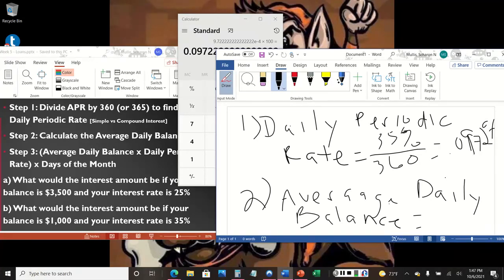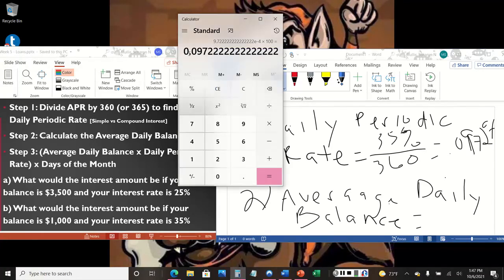So 0.0972%. And we know our daily balance we're going to use for this is $1,000. So we're going to multiply that times $1,000. And then instead of using 30 for September, we're going to use 31 because we're in October right now. So we're going to multiply that times 31. Oh, that's not right. Hold on. What did we do wrong?